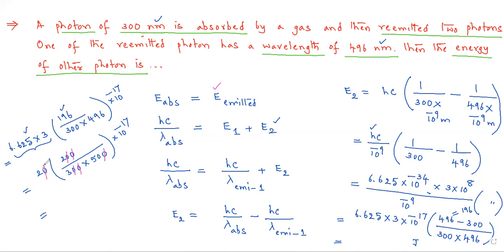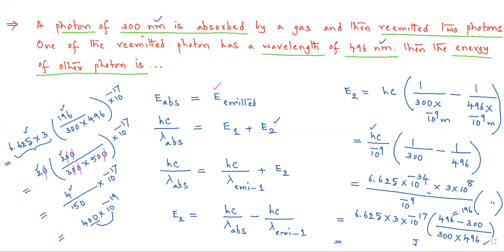Next, this is 2 into 2, I mean 4 by 3 into 50. It's 150 into 10 power minus 17. Right? Can I just go for 400? I've made this 400 and let me write this as minus 19, because this is 10 power 2 and this is 10 power minus 19, nothing but 10 power minus 17.